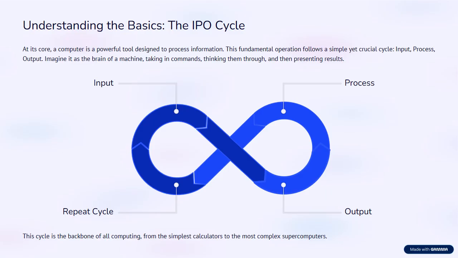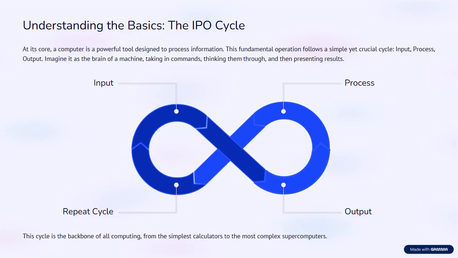As we know, a computer is an electronic machine that accepts data as input, then processes it and produces output. This process is known as the IPO cycle, which means input, process, and output. First, the computer receives data through input devices, and then the CPU processes this data with the help of memory.